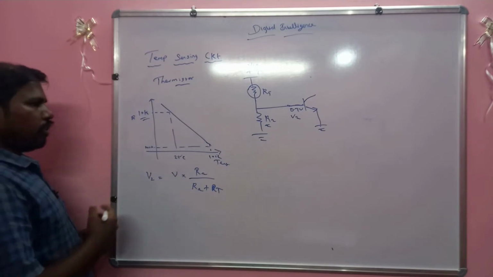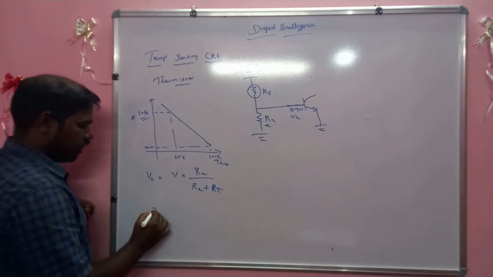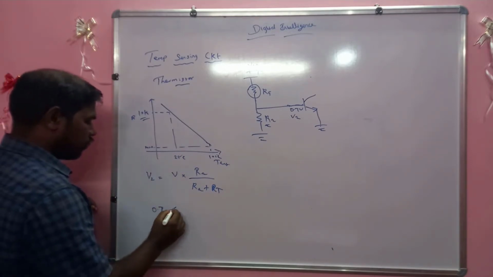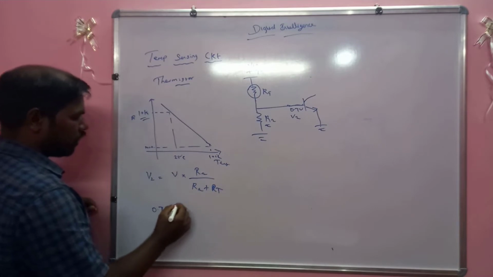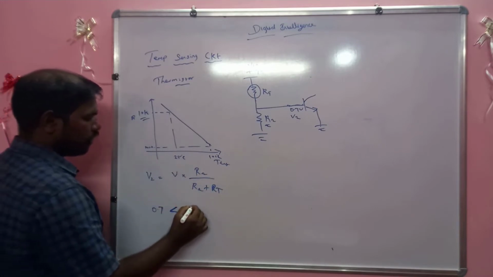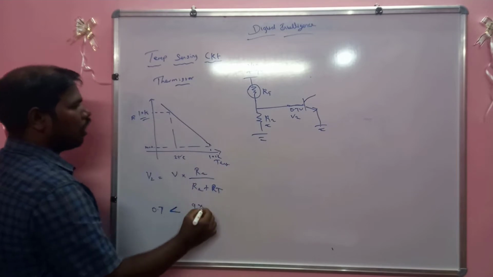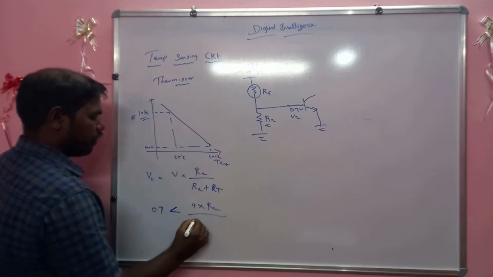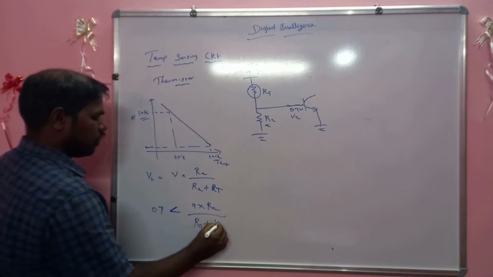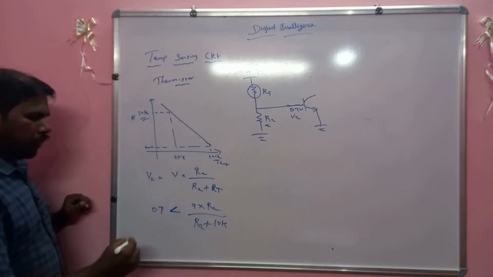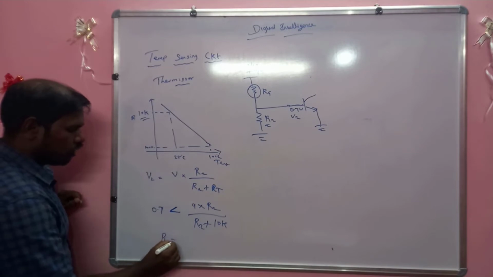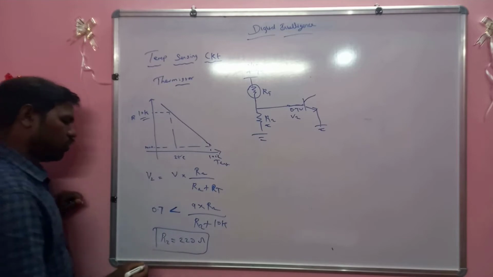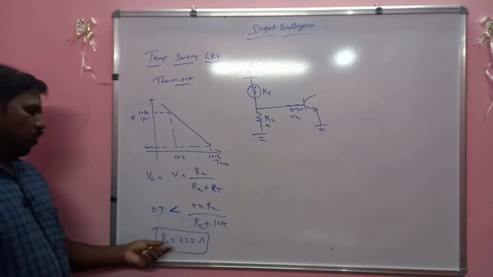So V2 we need is 0.7. V is 9 volts, so 9 into R2 divided by R2 plus 10K. When you solve this, R2 is approximately 220 ohm. This is the minimum value for R2.